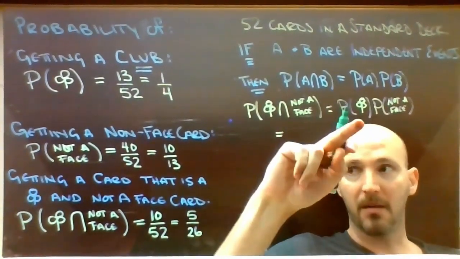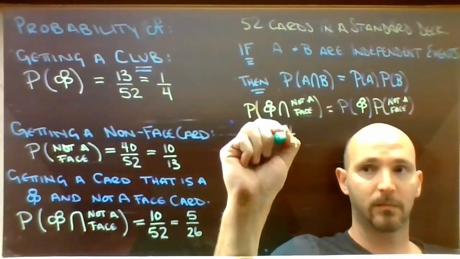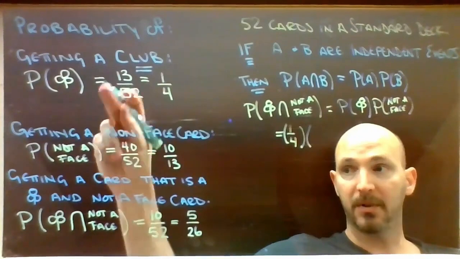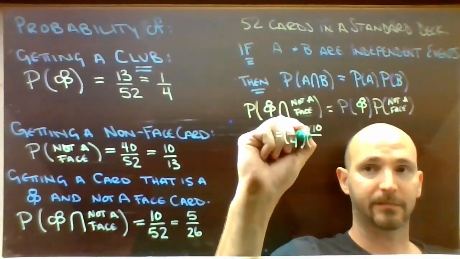Alright, now the probability of being a club was 1 out of 4. And the probability of not being a face card was 10 out of 13.